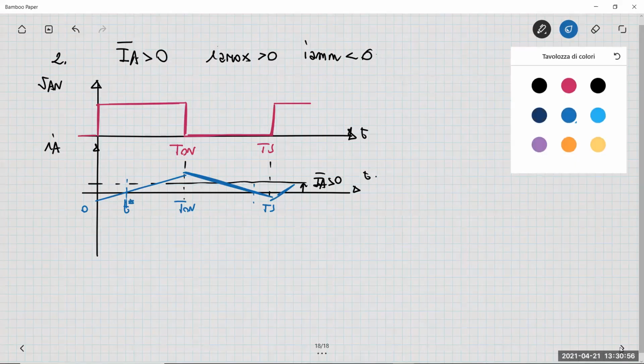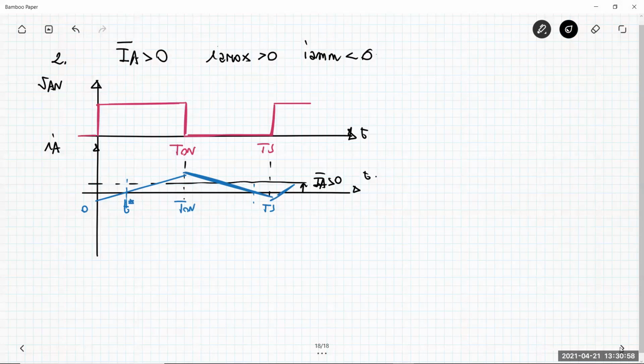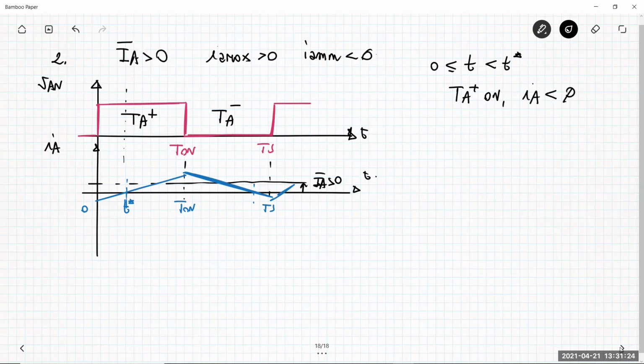So let's try to understand what happens in this situation. Remember that here you have TA plus on, and here you have TA minus on. In this first section, from 0 up to T star, TA plus is on, but the current IA is negative. So we have this circuit here.